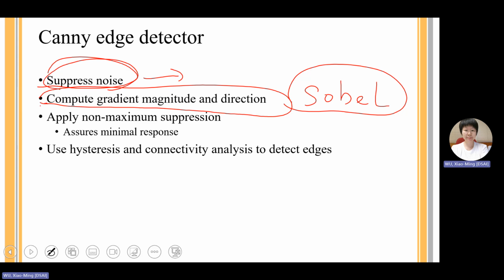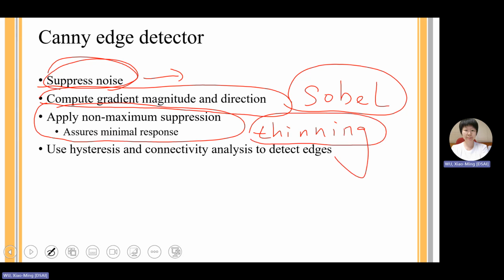Now, here comes the third step, called thinning. The purpose of this step is to assure minimal response in the edge map.